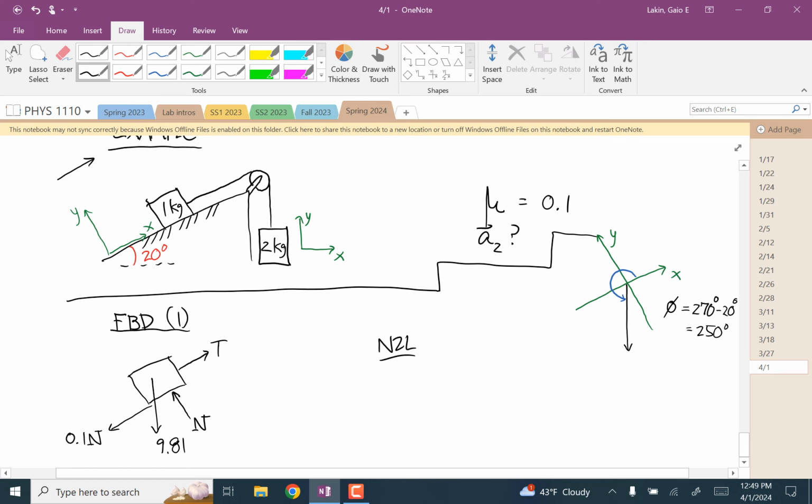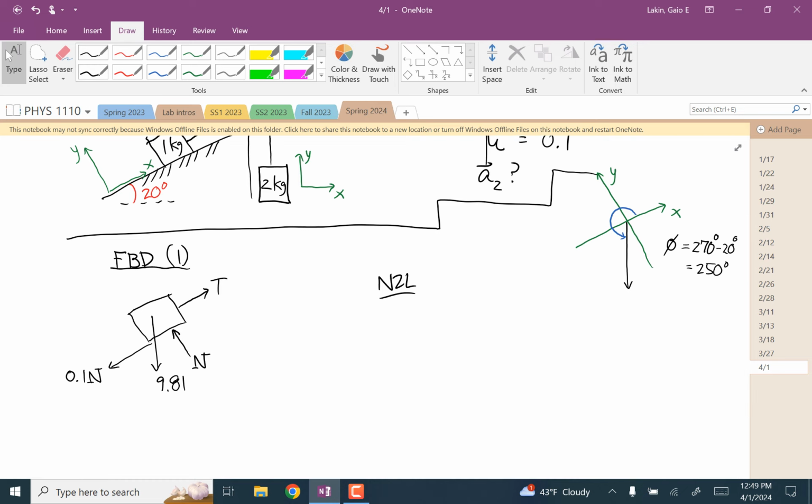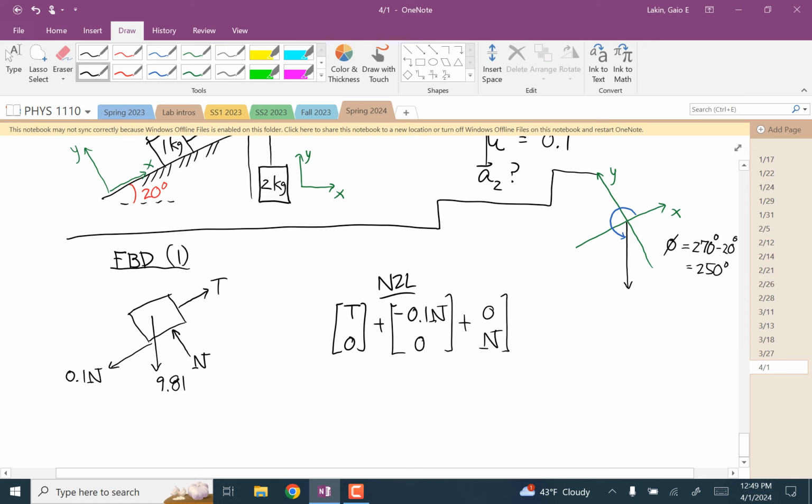So now Newton's second law says T at 0, plus negative 0.1 N at 0, plus N at 90, plus 9.81 times the cosine of 250, 9.81 times the sine of 250.